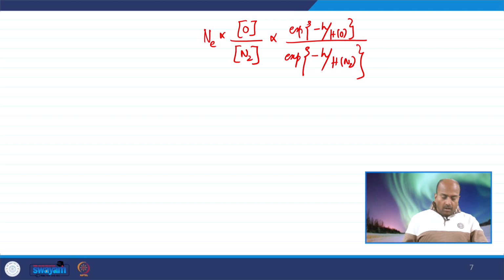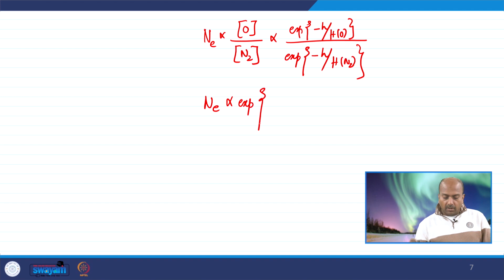Okay, right. So, now we can simplify this expression and write Ne. This is minus, so it goes above, it becomes plus. So, Ne, the effective electron density, will be proportional to exponential minus h by the scale height of oxygen plus h by the scale height of nitrogen.